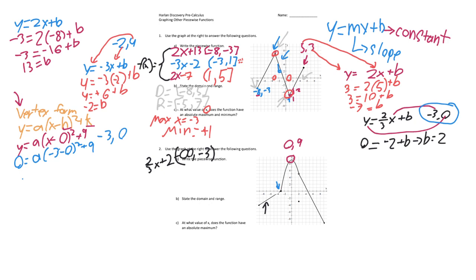So now we solve things out. 0 is equal to a times -3 squared, because -3 minus 0 is -3, plus 9. -3 squared is 9, so 0 is equal to 9a plus 9. Move that 9 over. -9 is equal to 9a, which means that a is equal to -1.